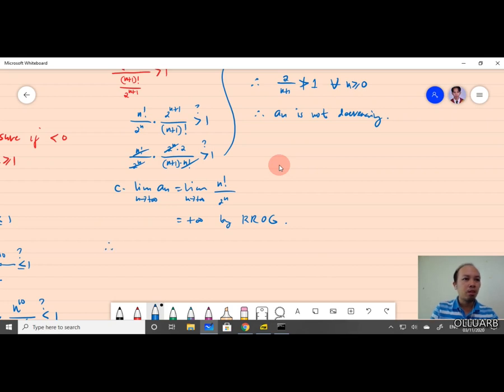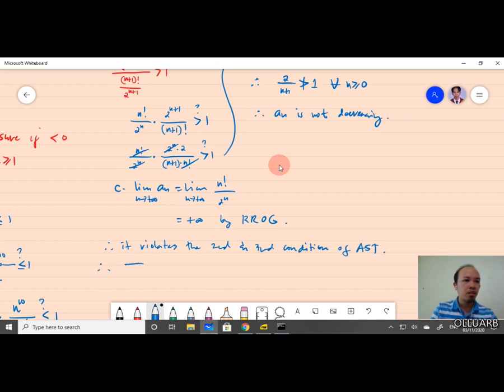So it violates the second and third conditions of the alternating series test.